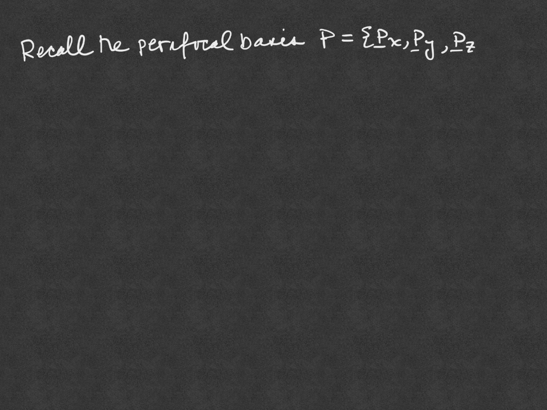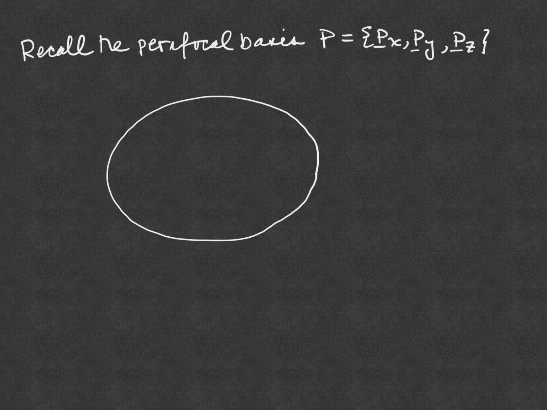Now this basis, when viewed in the orbit plane, looked as follows. Here's the ellipse. Here's the focus, which is at point O. Here's the periapsis at point P. The vector from O to P is the eccentricity, and the unit vector in the direction of the eccentricity was denoted px.